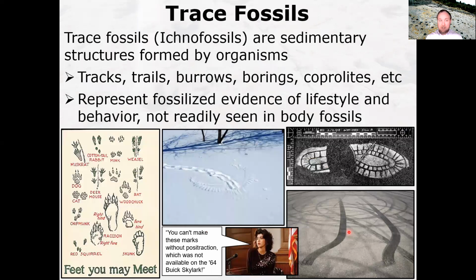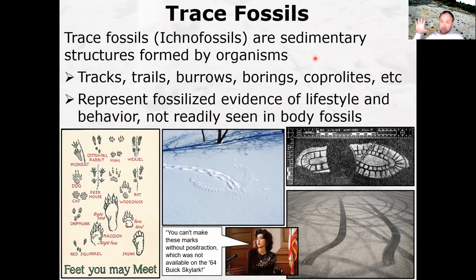Trace fossils are sometimes referred to as ichnofossils. It's the same thing, ichnofossil, trace fossil, same thing. They're sedimentary structures, so they're structures in sedimentary rocks, like sandstone or mudstone or siltstone, that are left by the organisms. So these dinosaur footprints here are in sandstone.